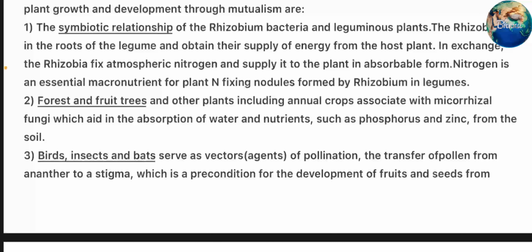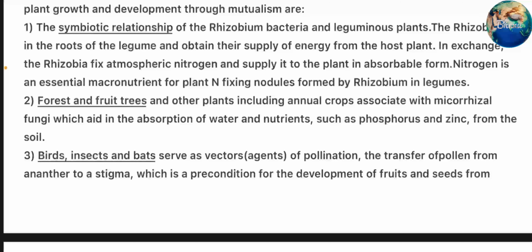Next, forest and fruit trees and other plants, including annual crops, associate with mycorrhizal fungi, which aid in the absorption of water and nutrients such as phosphorus and zinc from the soil. Next, birds, insects and bats serve as vectors of pollination.